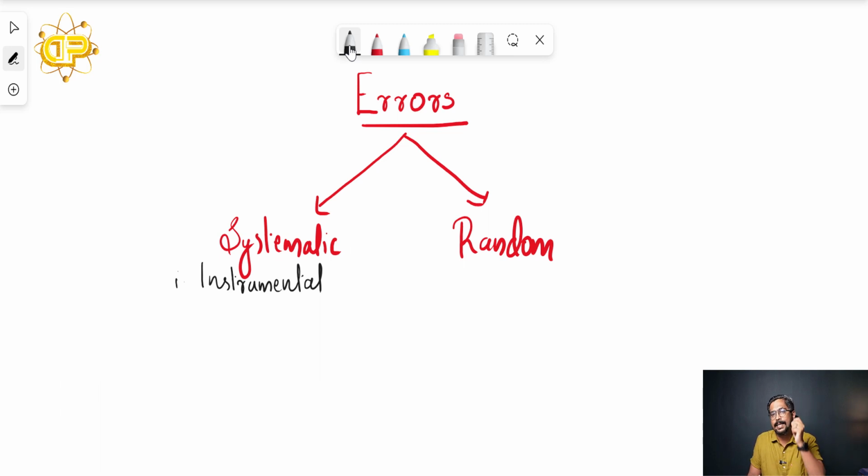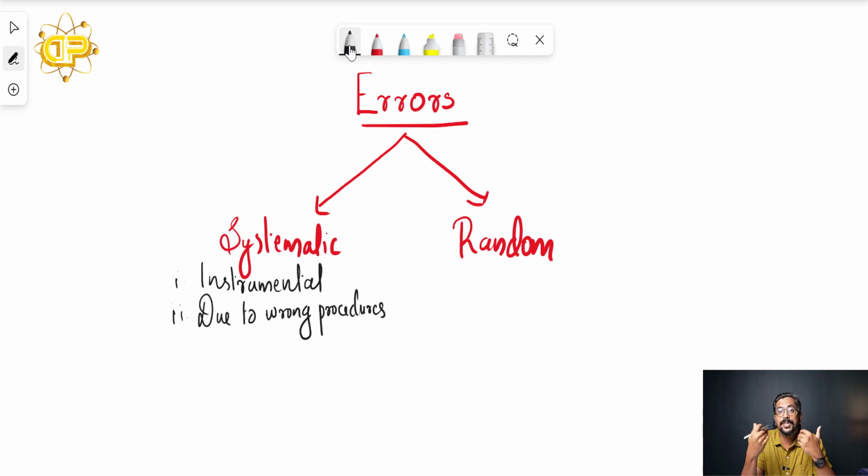That means you will not get an accurate value due to wear and tear, due to certain other technical issues, due to wearing of certain mechanical parts. You will not get the correct value. So here, obviously, some errors can happen. This type of error due to the instrument's problem is known as what? Instrumental errors.